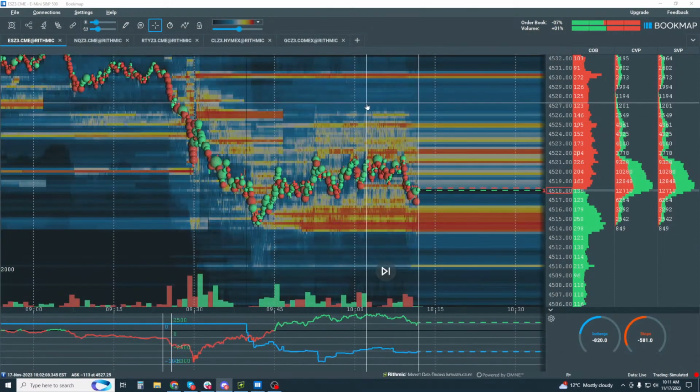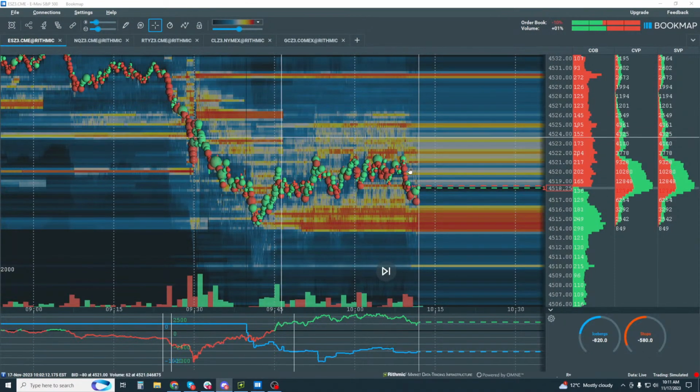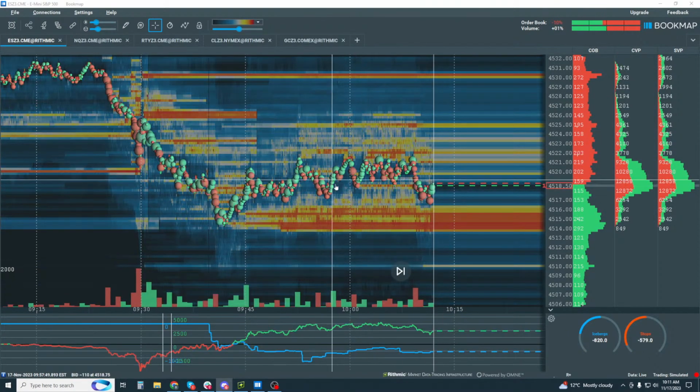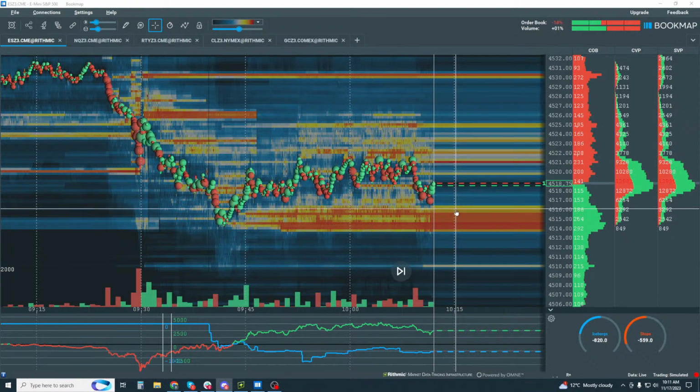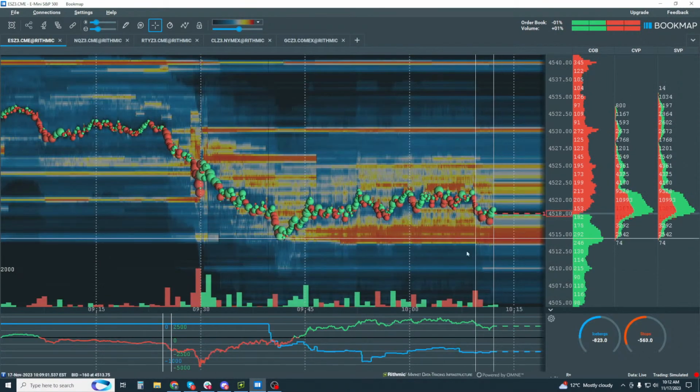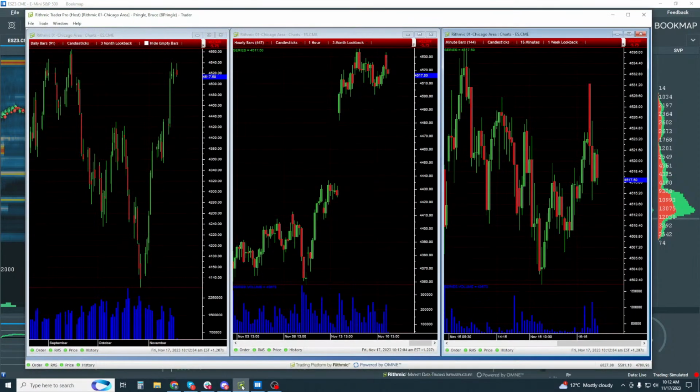All right. Well, anyway, let's take a look in here, and we're still kind of chopping around. Very strong bid in this area here. Now I want to relate this to the bigger picture though, because even the bigger picture here is a little challenging to read. The swing up here, this makes sense.